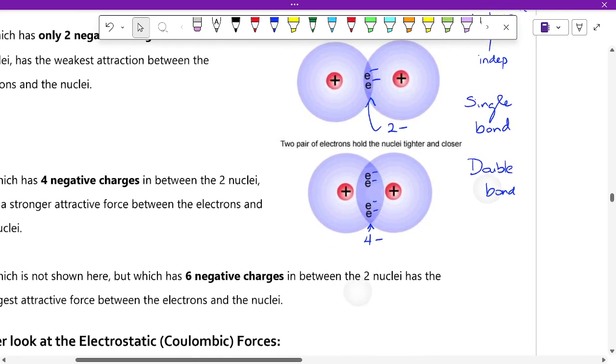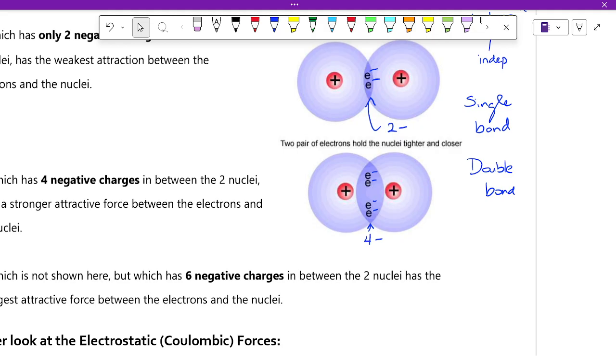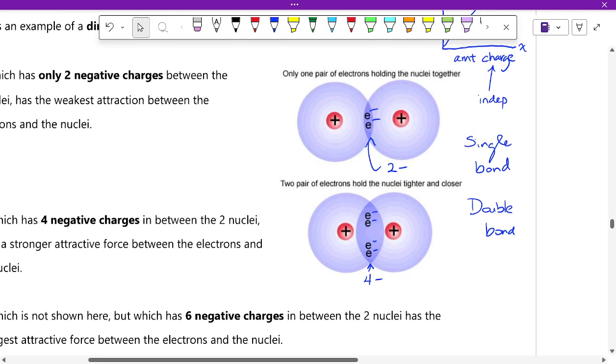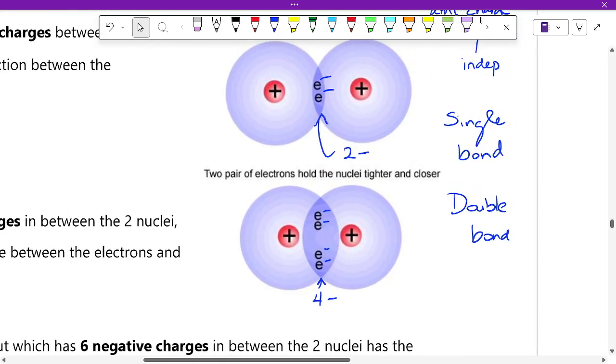And then I haven't put it here, but if you had 6 negative charges between the nuclei, it would be even more. Okay, so this is a weaker electrostatic attraction.